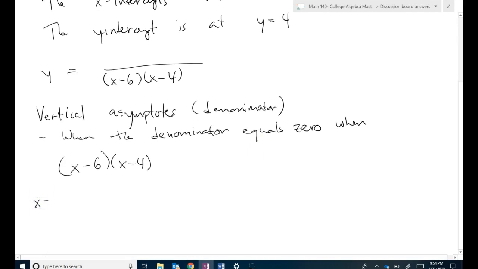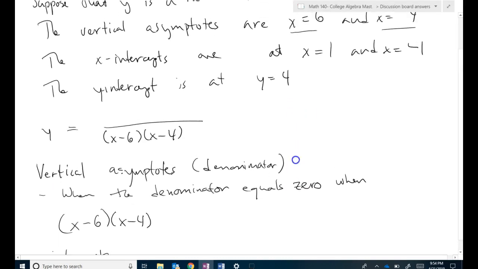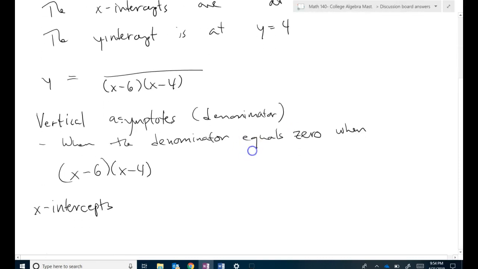Next up, the x-intercepts. Okay, we'll have an x-intercept at x equals 1 and x equals -1. And so this is when the numerator is equal to 0.